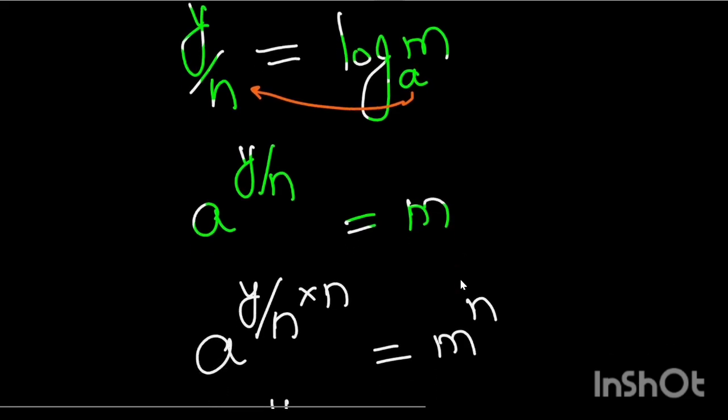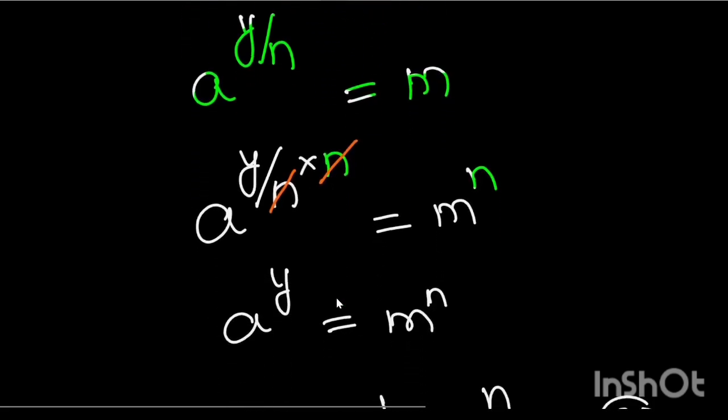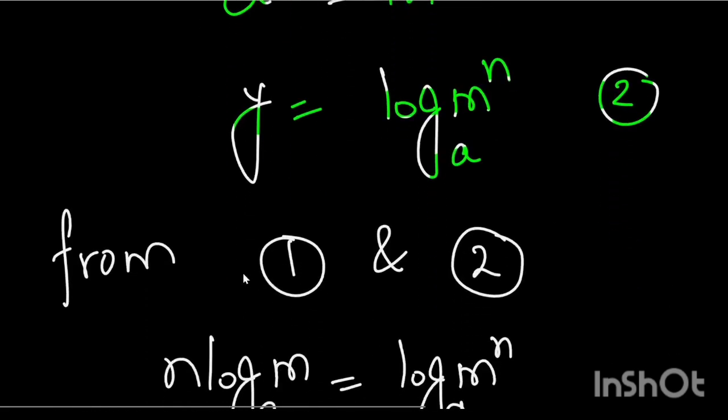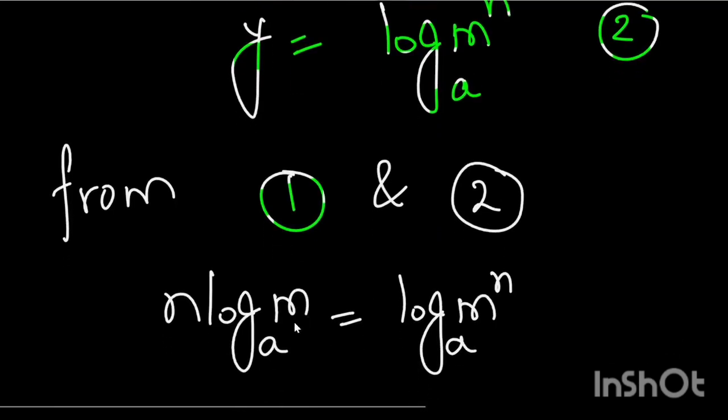Now raising to the power n on both sides, this n and this n cancel out, so we get a to the power y is equal to m to the power n. Okay, so we are considering these three as numbers: m to the power n, a and y. We are again converting this to logarithmic form. y becomes log m to the power n base a. This is second.